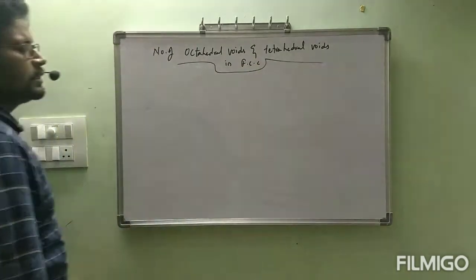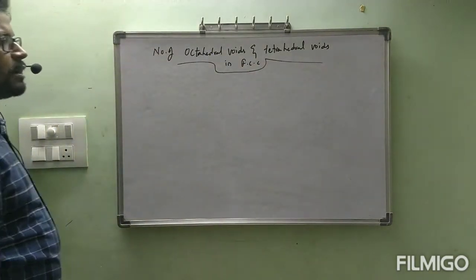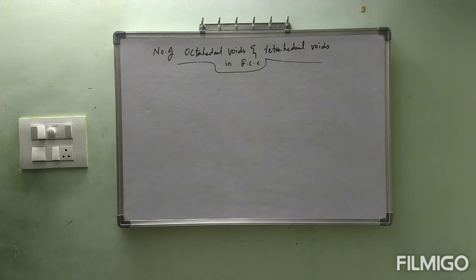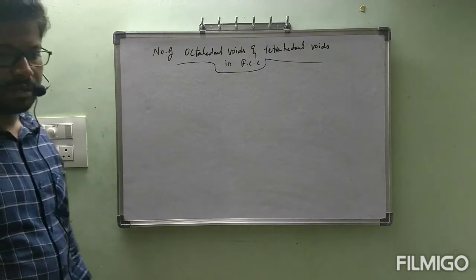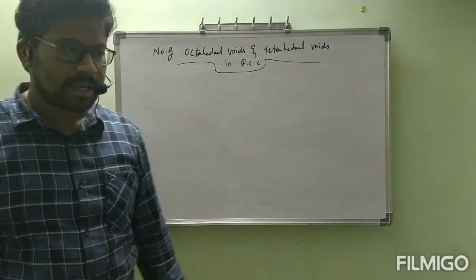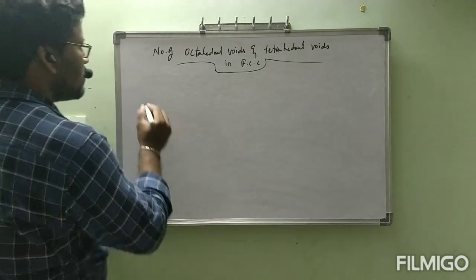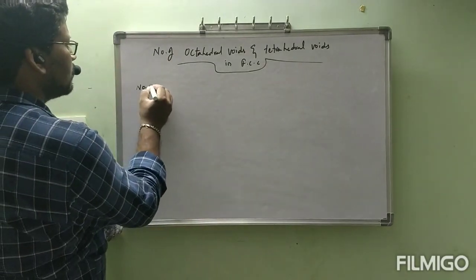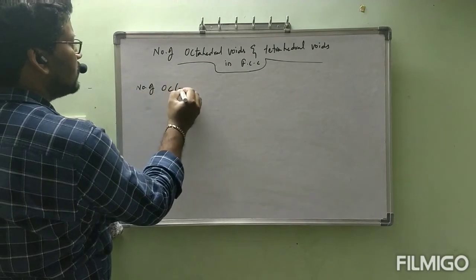Both are the same only. That is our next slide heading. Number of octahedral voids and tetrahedral voids in FCC. Okay, first one, number of octahedral voids.